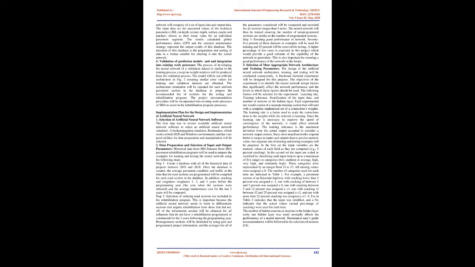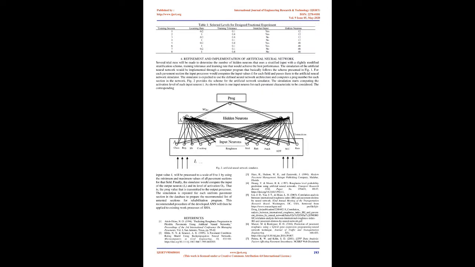The model will be run with the architecture in Fig2 ensuring similar error values for training and validation datasets are obtained. The architecture simulation will be repeated for each uniform pavement section in the database to prepare the recommended list of sections for the testing and rehabilitation program. The project recommendation procedure will be incorporated into existing work processes of SHA to assist in the rehabilitation program processes.